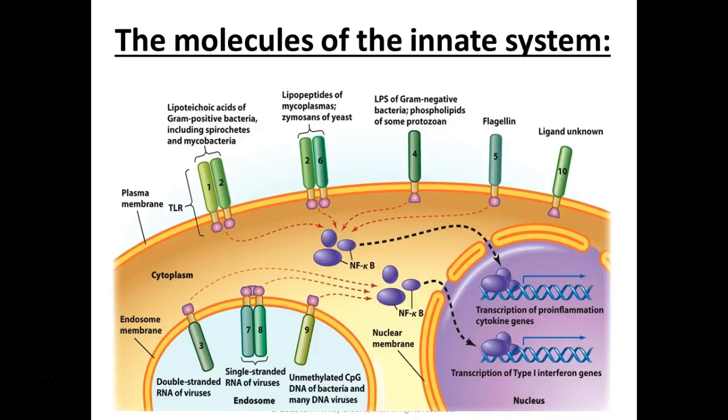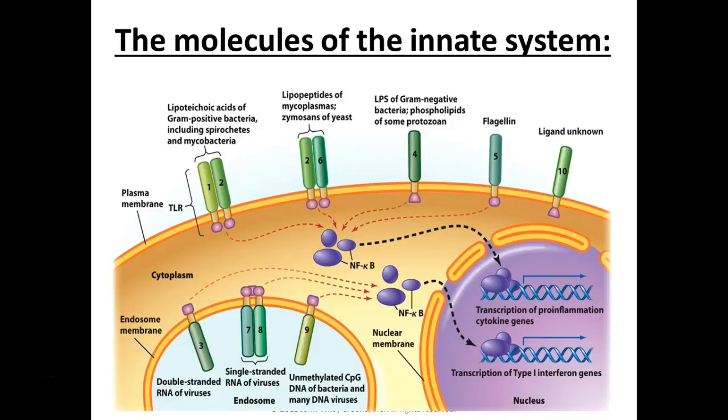So when the virus comes inside, and that DNA comes inside, we have these receptors on the inside of our cells that go, uh-oh, virus. Single-stranded RNA viruses. So again, even if it's single-stranded, we can tell a difference between our RNA and their RNA. Same is true with some DNA.